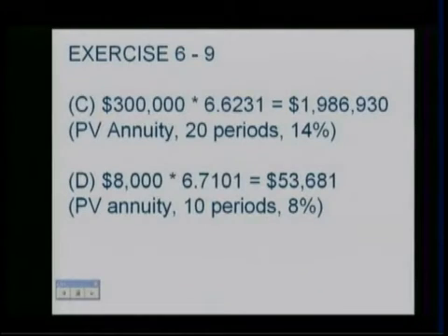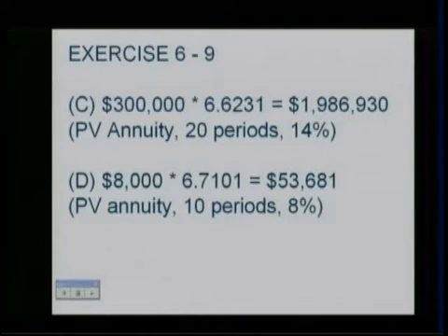In D, a capital lease obligation that calls for the payment of $8,000 a year for 10 years, assuming a discount rate or interest rate of 8%. Okay, if it's a payment of $8,000 per year, that's a series of equal payments, so that would be an annuity. You're wanting to know the present value of an annuity, so you go to table 5.